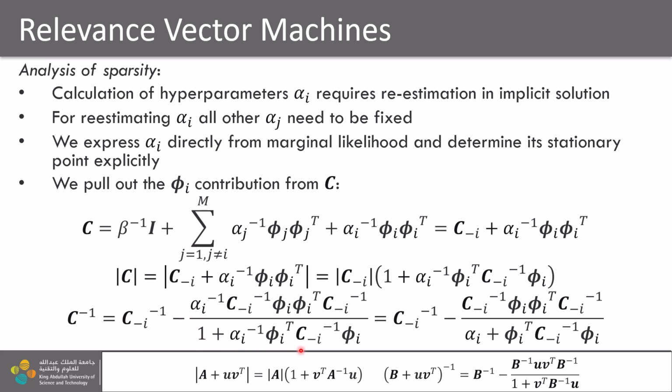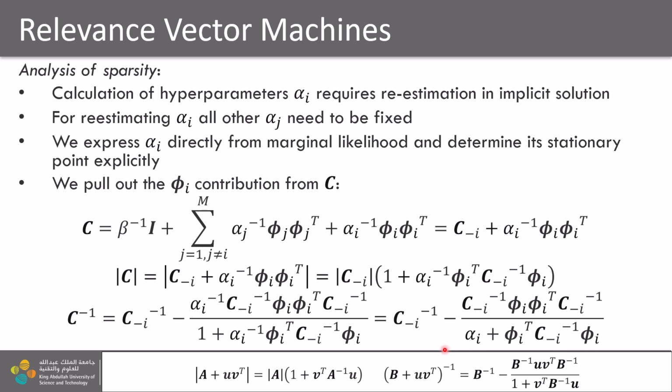And then we have a similar term here, where based on this knowledge of matrix algebra, we can express the C inverse through the C minus i inverse. So finally, we have compactified this representation also so that it is identical with the one in the book.